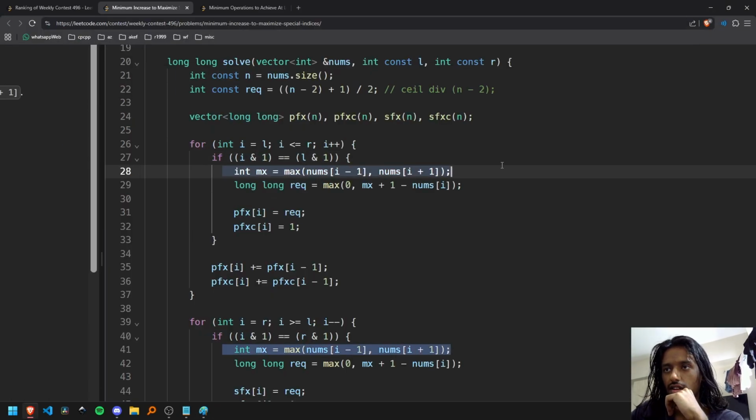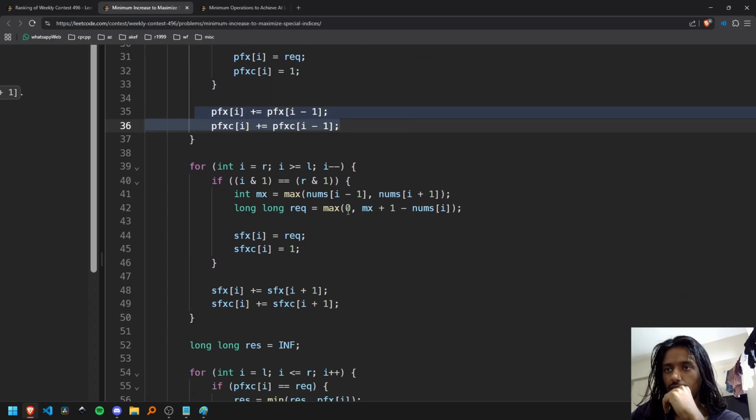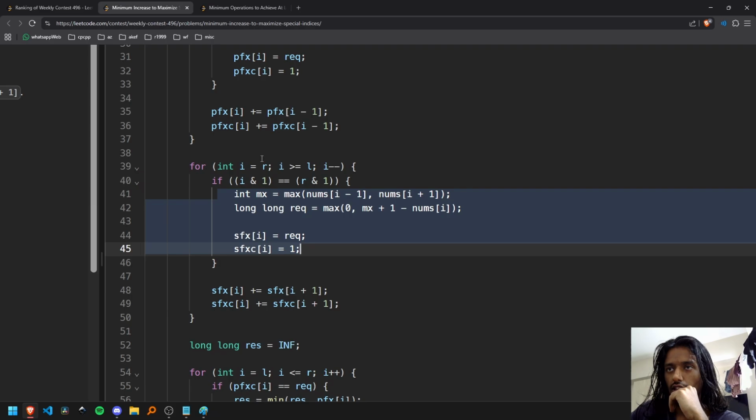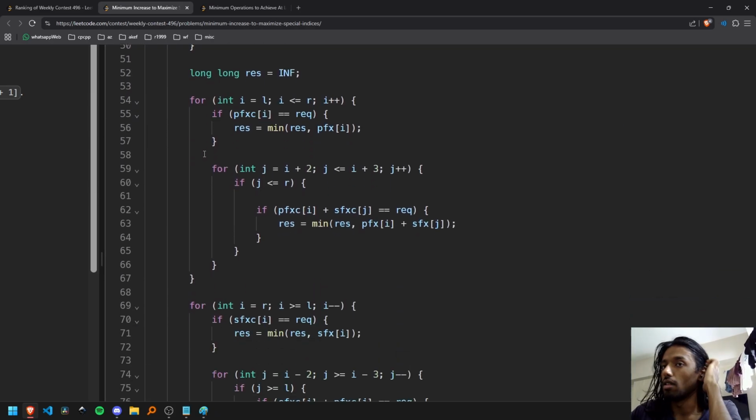So in that case, I am doing the operation which is taking the max from both ends, finding the cost, assigning it to the current, and then the current cost as the count. And here this is the prefix sum. Similarly for the opposite direction, since I am starting from the right at R, I have to ensure that my parity is the same there. The same thing here, just for suffix and then suffix sum. Now here this is how I am minimizing.